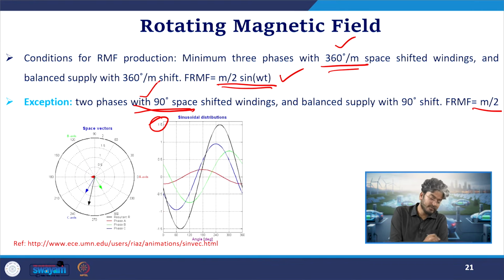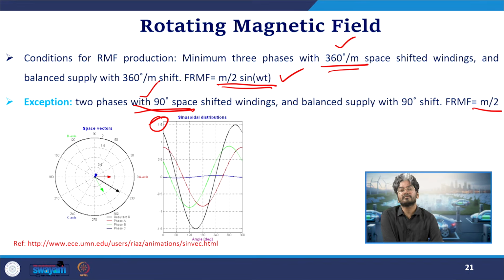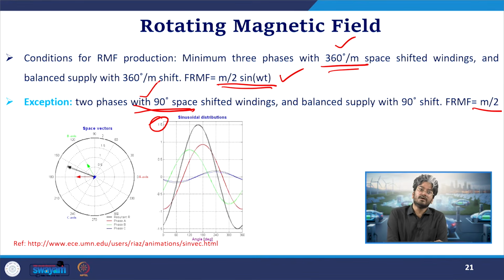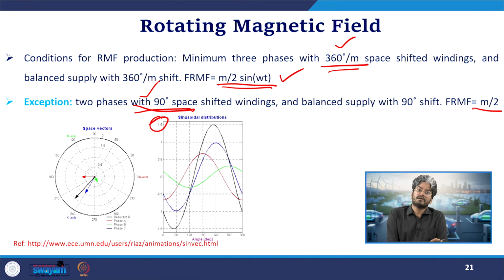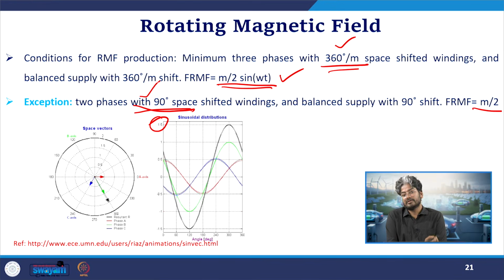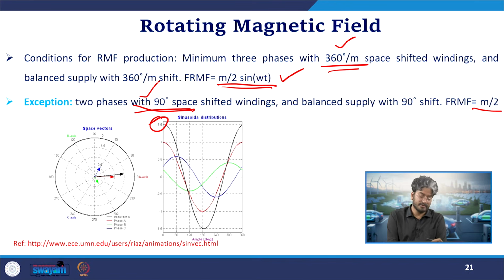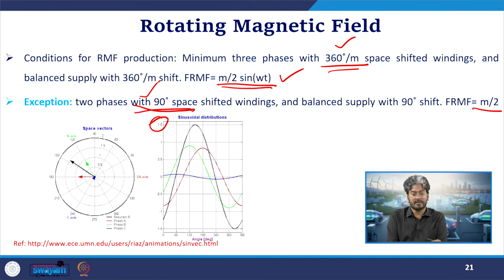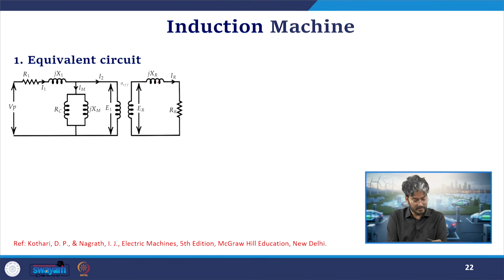The most popular example of this 2-phase system is our older ceiling fans, where we had a capacitor which was producing a 90-degree shift. There we were converting the single phase to 2-phase such that our single phase induction machine could be self started.